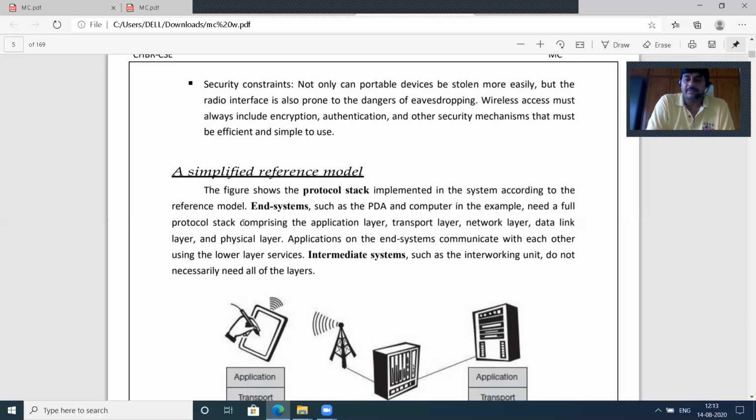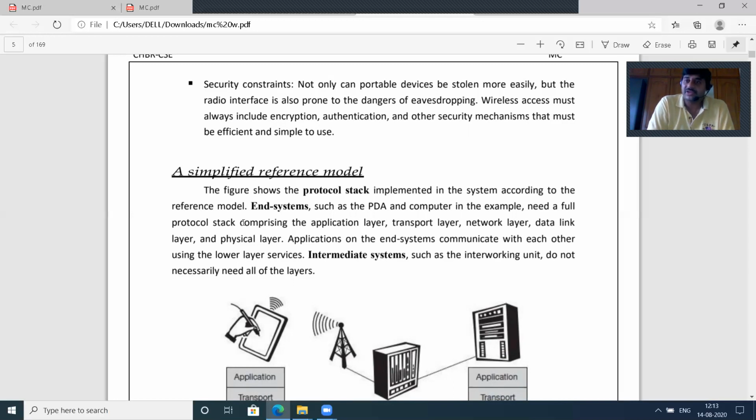Coming to security, it is a very big challenge to the users because it is a radio interface. All we need is good encryption algorithms, good authentication principles, and the best security mechanisms.